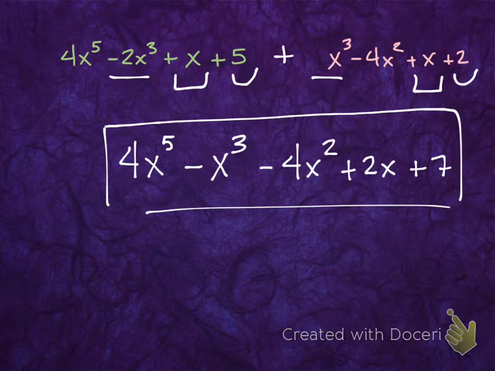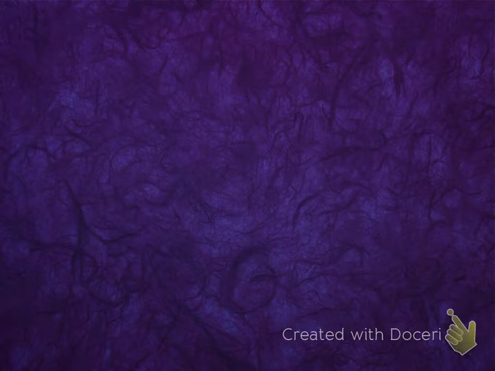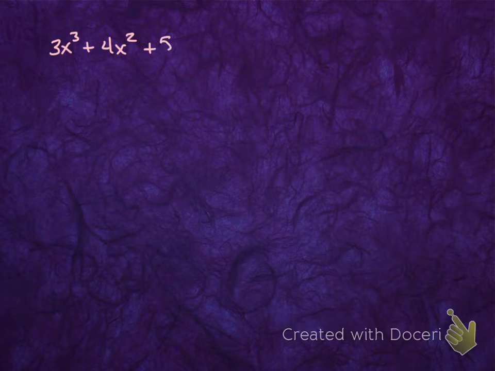That's it. Subtraction, same thing. Let's do a subtraction one. I was going to take these same numbers, but let's not. Let's make new numbers. Okay. So let's say you have 3x cubed plus 4x squared plus 5x minus 7.